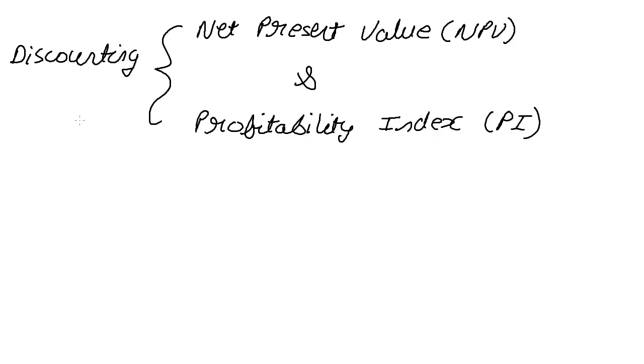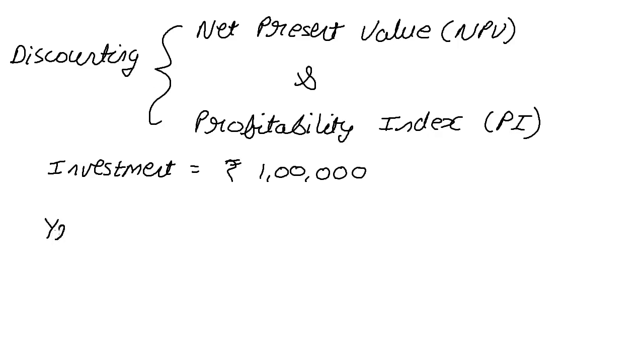So imagine you have a question where the investment is 1 lakh, and you have been given information as far as the years and the cash flow is concerned, year and cash flow.